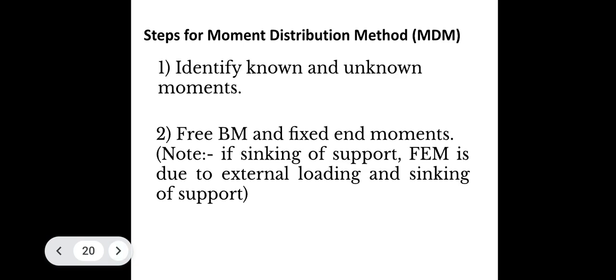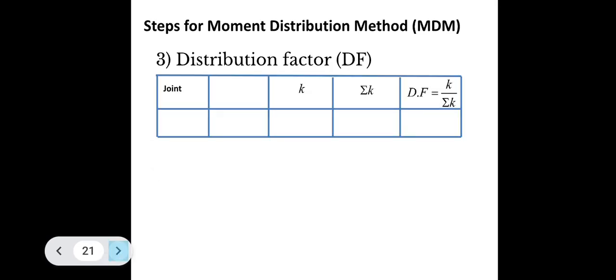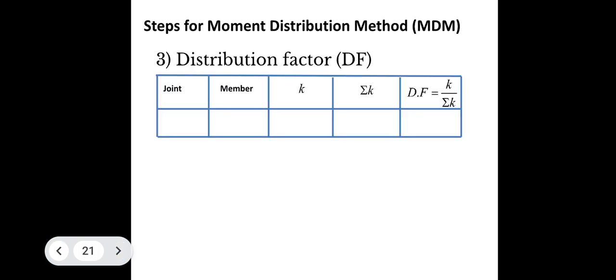Now, first of all, we need to identify the unknown moments, then we need to calculate the free and fixed moments, then we need to prepare the distribution factor table. You can see joint, member, stiffness, summation of stiffness and distribution factor, which is K upon summation of stiffness.